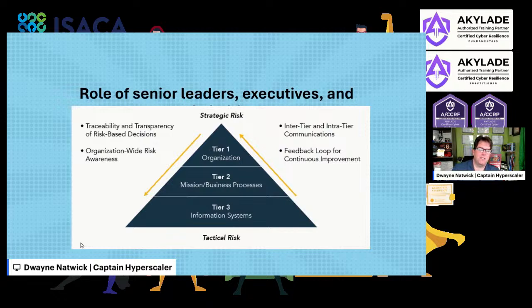But the key aspect to all of this is, again, aligning the strategic risk to the tactical risk.